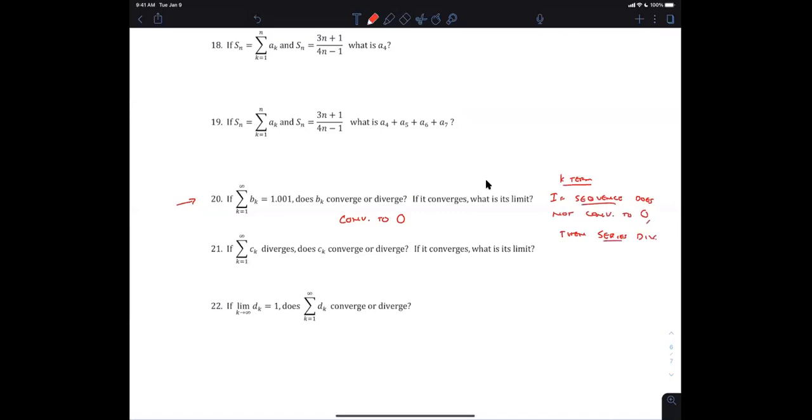But just like that, the contrapositive, the kind of opposite statement of that, is that if the series converges, then the sequence does converge to 0.